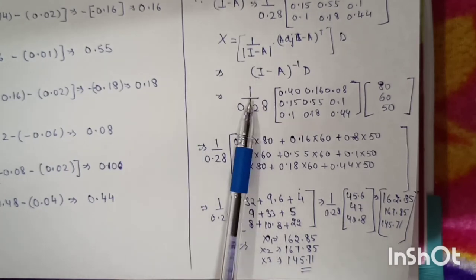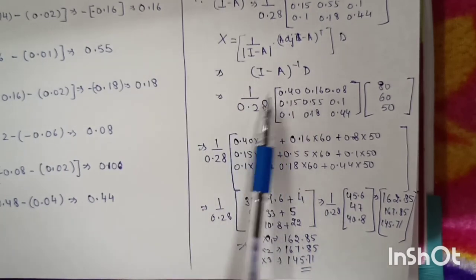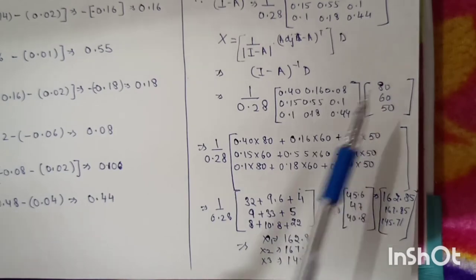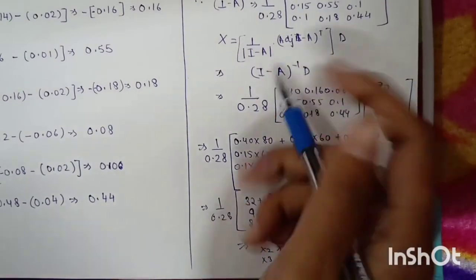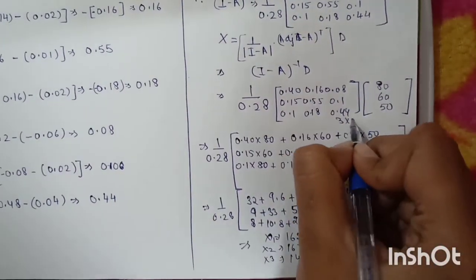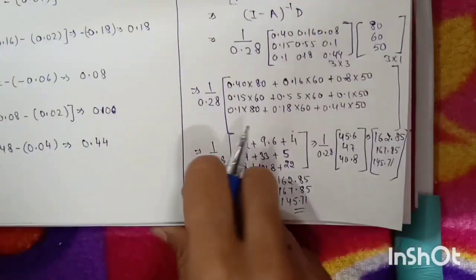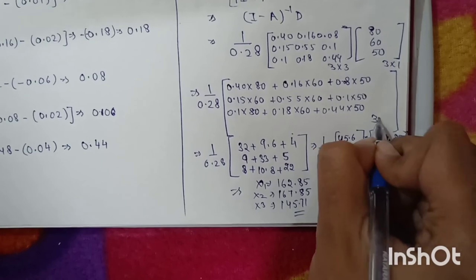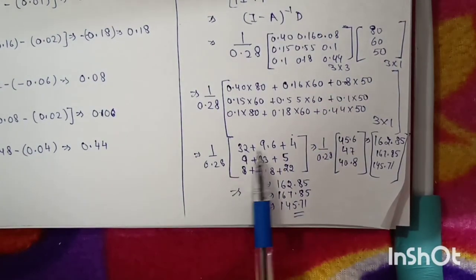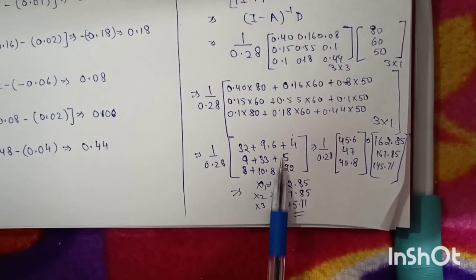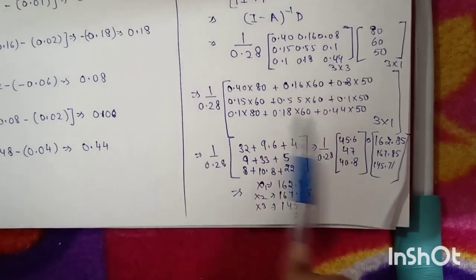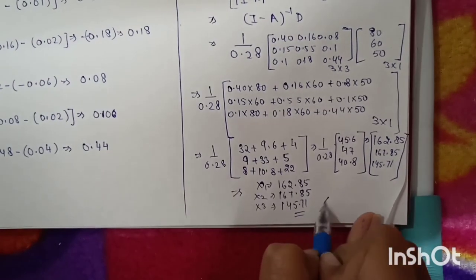For that you have to multiply this matrix with this, and as this matrix is a 3 cross 3 matrix and this is 3 cross 1, its result will come as a 3 cross 1 matrix, that is 3 rows and 1 column. So this is our final output.